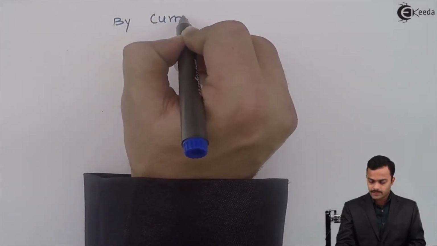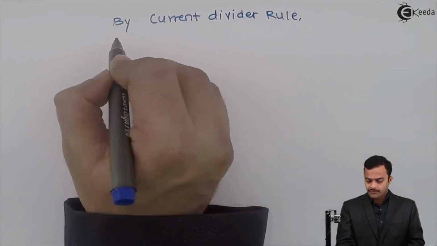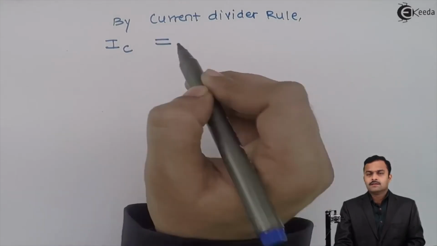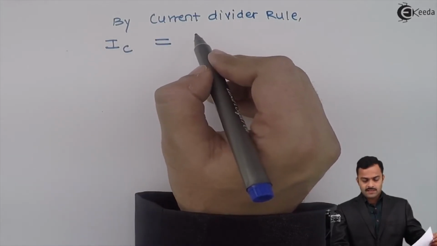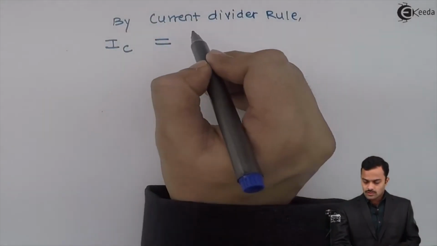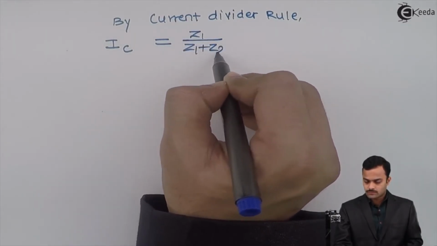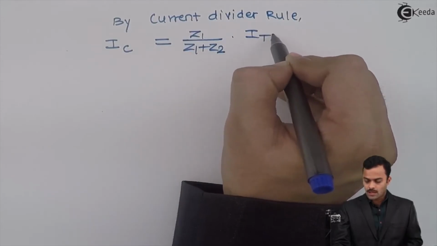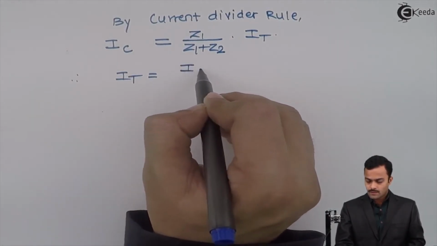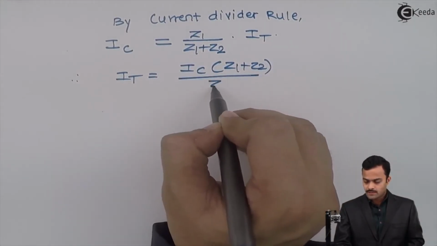By current divider rule, the current flowing through the capacitor, I'll mention as IC, is nothing but the current flowing through Z2. So IC equals Z1 divided by Z1 plus Z2 multiplied by I total. So I total will be equal to IC multiplied by (Z1 plus Z2) divided by Z1.